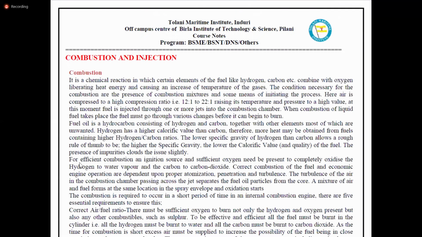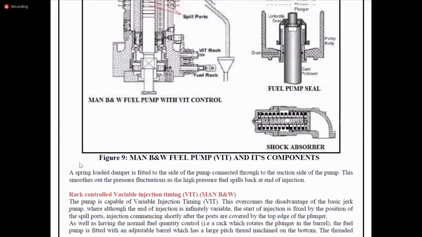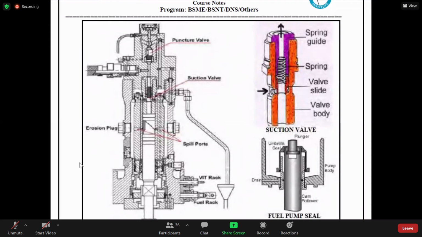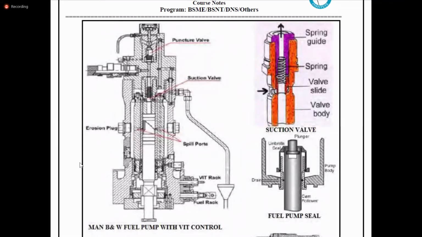The spill valve and suction valve are in the Sulzer type of pump, right? Where are they here, in the MAN B&W type of pump? Sir, the port. The port is in the barrel itself. The port is drilled into the barrel only. When the barrel moves up and down, the ports are moving up and down.